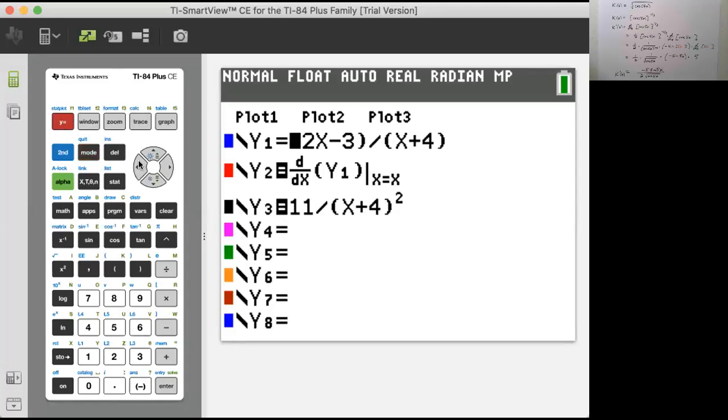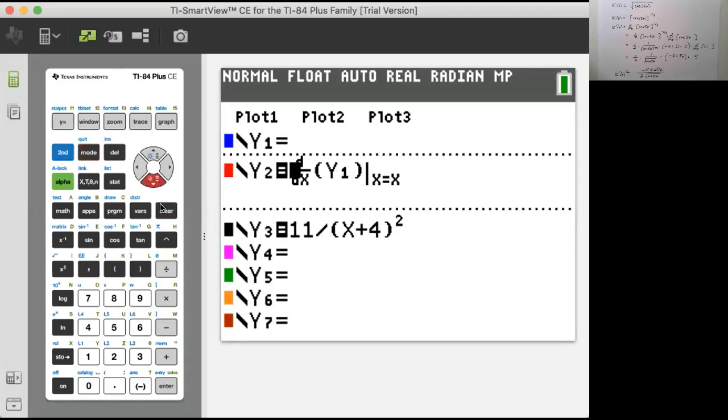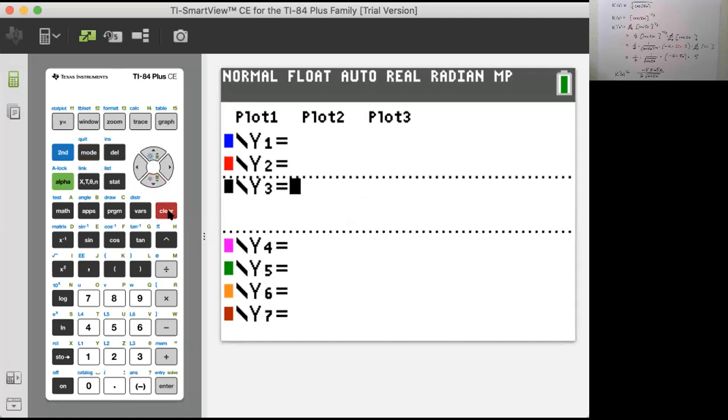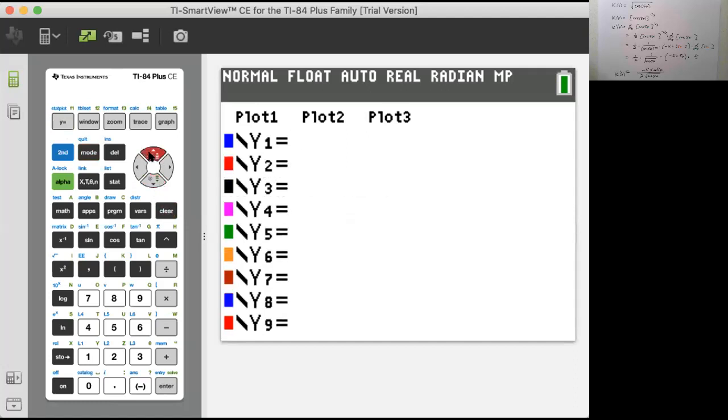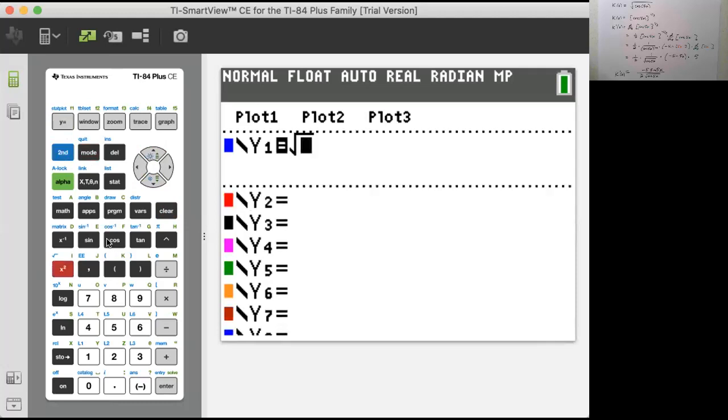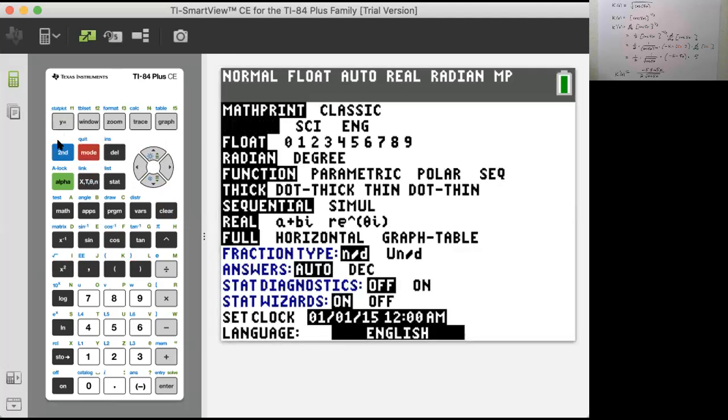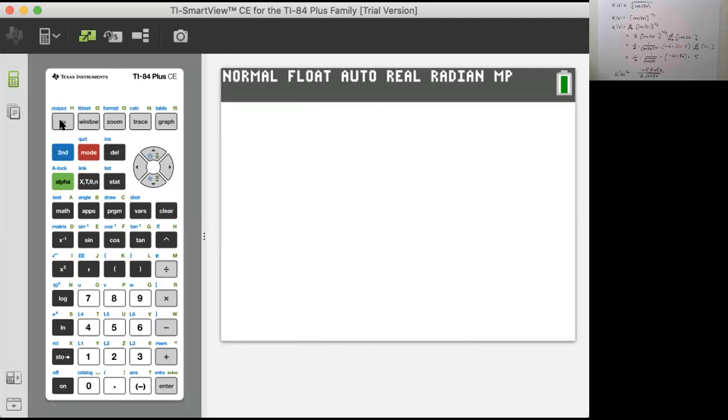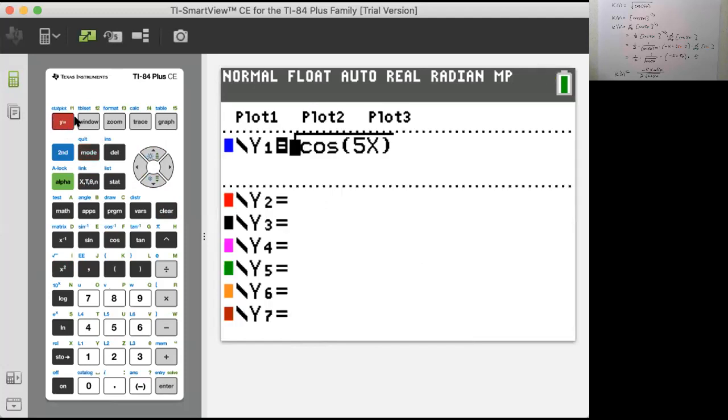So the original function is square root of the cosine of 5x. Make sure you are in radian mode. Quickly make sure of that. It's indeed it is. So I have y as a square root of the cosine of 5x.